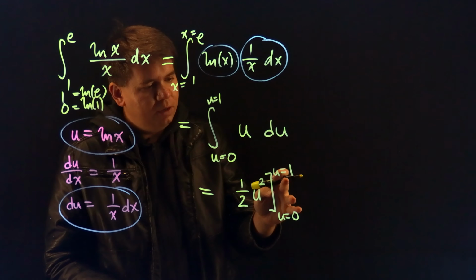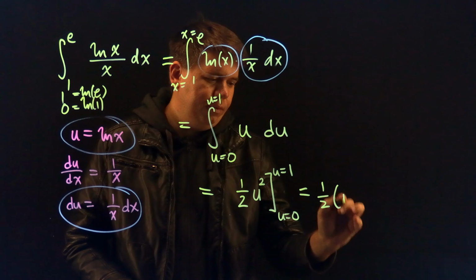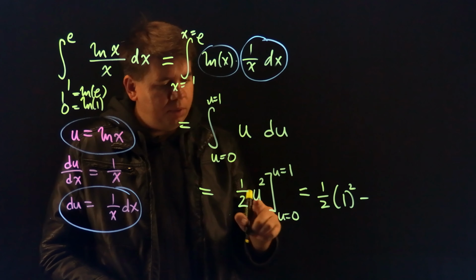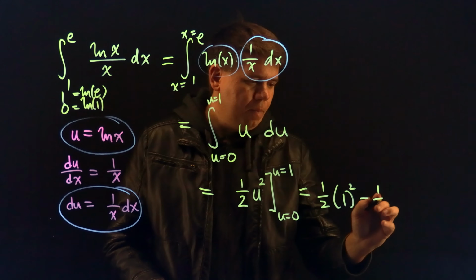Because now I just plug in the top one, 1/2 times 1 squared, minus plug in the bottom one, 1/2 times 0 squared, and it just comes out to be 1/2. So nice answer. But notice the trick here is I change my problem into a u problem, I solve it, and then I just plug in the bounds because I've changed the bounds to u bounds.